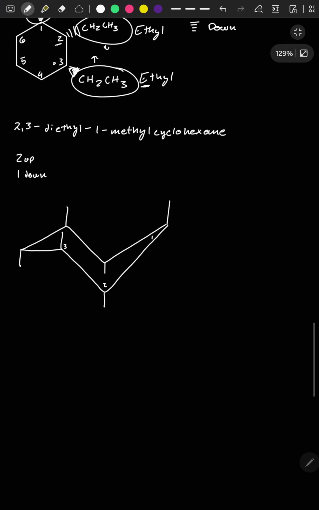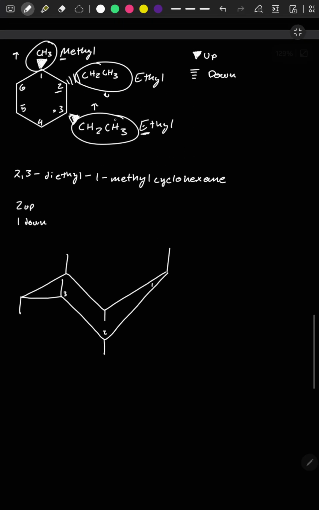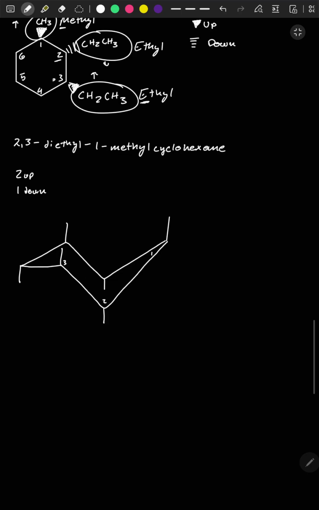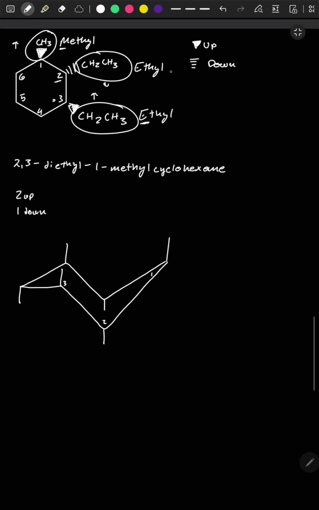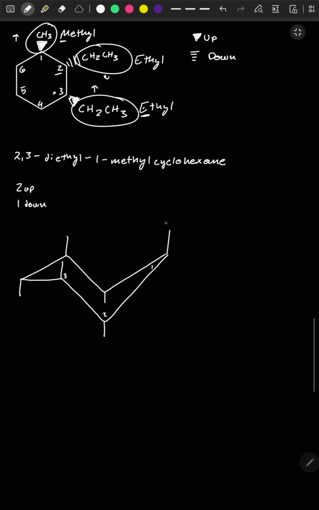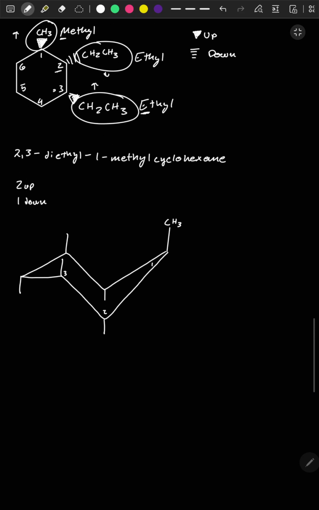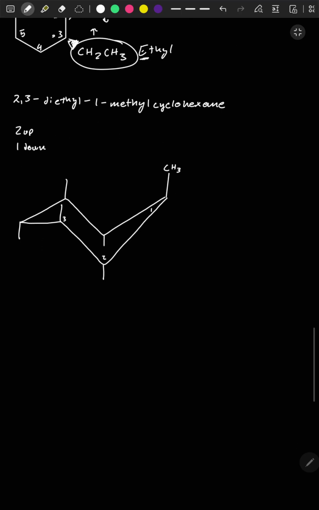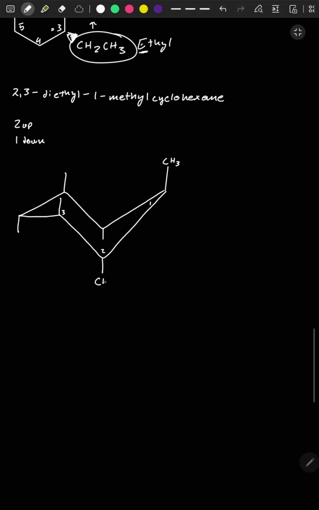So let's go ahead and check this out. Methyl on the 1, and it's going up because it has the wedge. So if it's going up, then it's going to be on the axial right here, so CH3 for the methyl. Then on this one, we have an ethyl that's going down, so it's going to be on the axial as well, so CH2CH3.